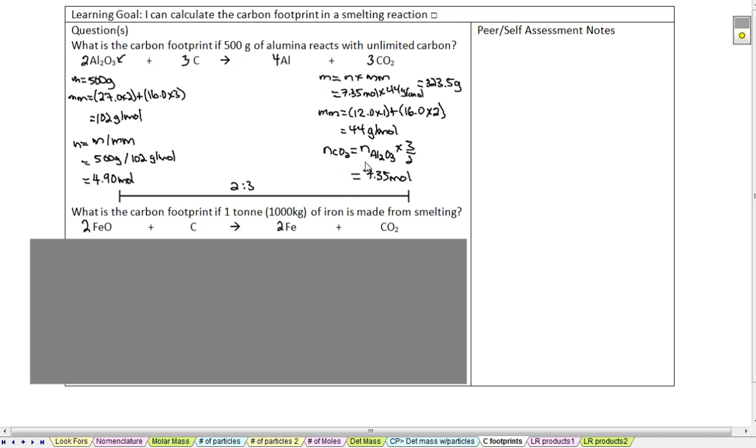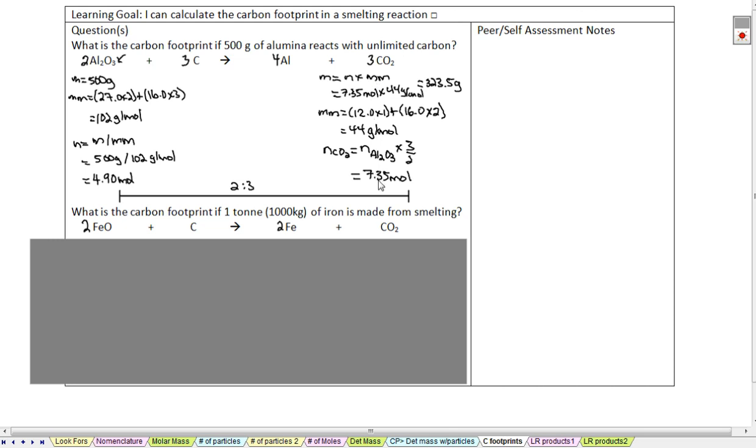Anyways, determine my number of moles, determine my molar mass of carbon dioxide. So there's 1 carbon, which is atomic mass of 12, 2 oxygens, atomic mass of 16. Put them together, you get the molar mass, 44 grams per mole. So if I had 1 mole of carbon dioxide, it'd be 44 grams. Now, if I want to find my mass, it's my number of moles times my molar mass.